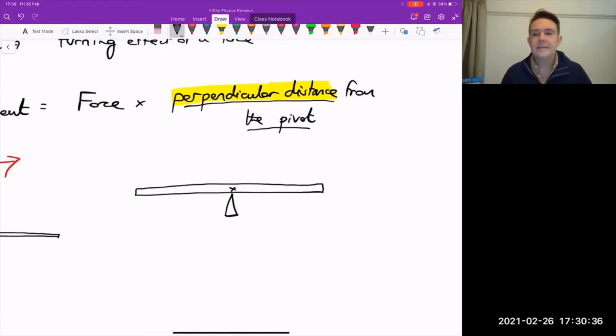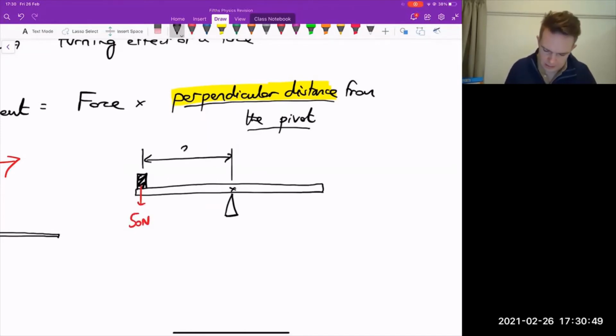Because consider this: if I put a box here, which has a weight of 50 newtons, and it's 2 meters away from the pivot, and I put another box, right, don't draw this if you are.